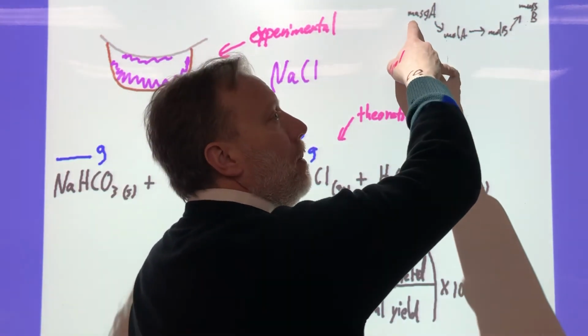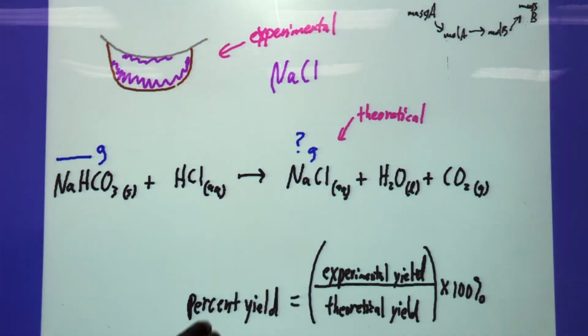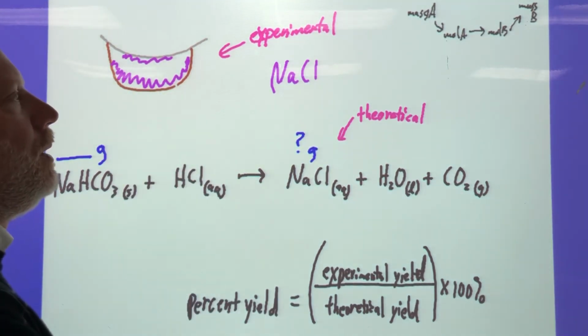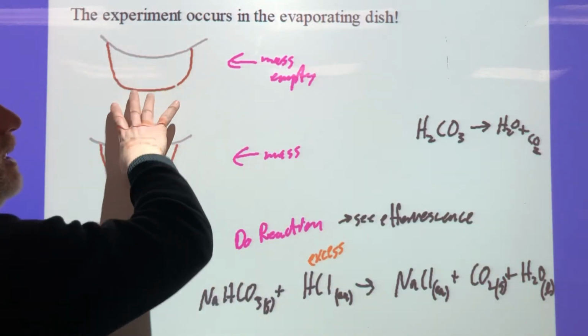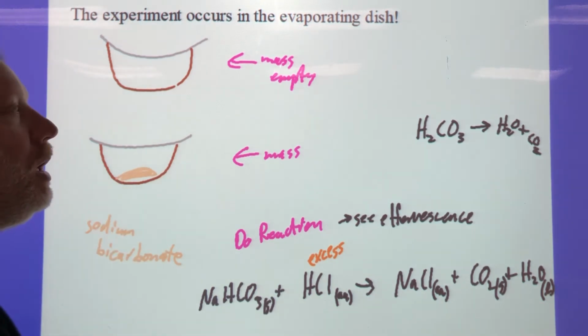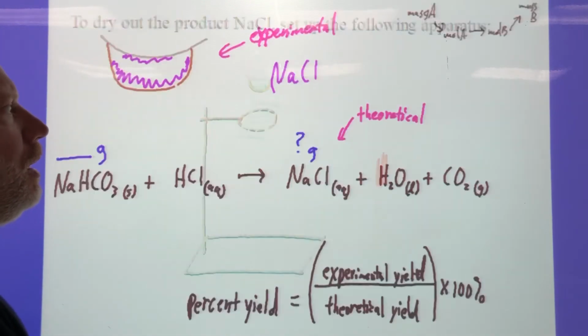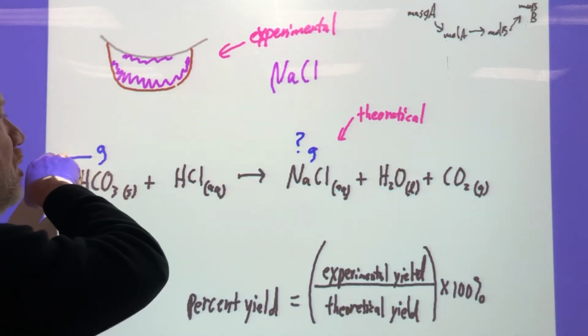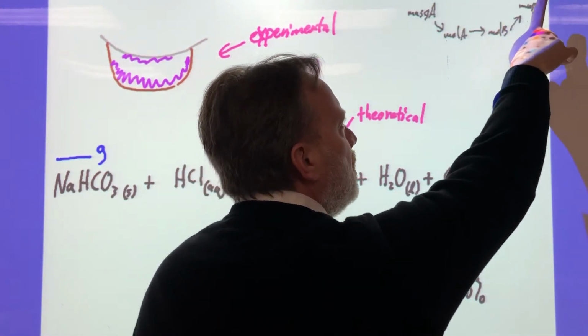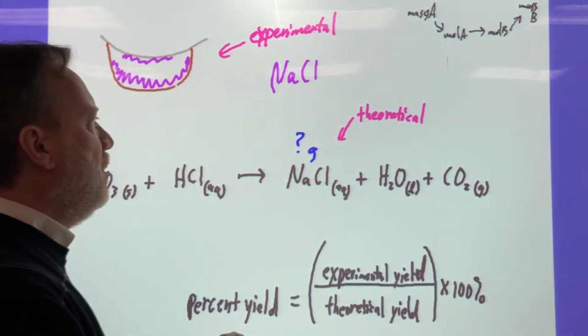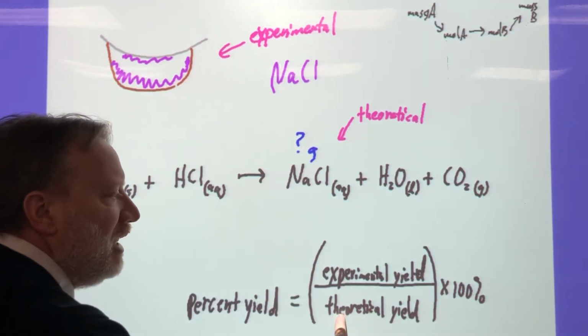When you subtracted this here, when you subtracted this minus this, that got your mass of sodium bicarbonate alone, and you put it in here and you do so many grams, and you convert mass sodium bicarbonate to moles sodium bicarbonate to moles sodium chloride to grams sodium chloride, that gives you your theoretical.